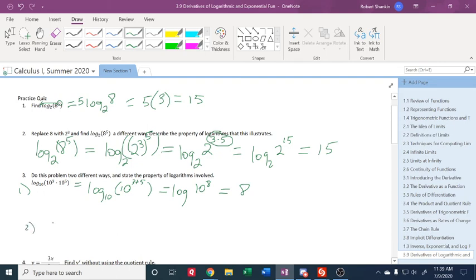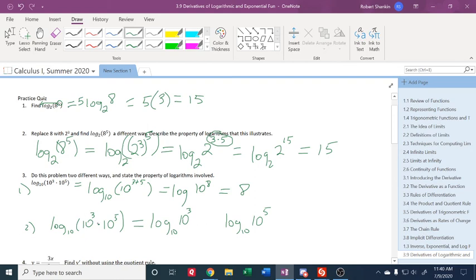A second way to do it is I can use the property of logarithms that we had talked about as rule 1 yesterday. And that is when you make 2 logarithms out of 1 logarithm, the multiplication sign changes to addition.